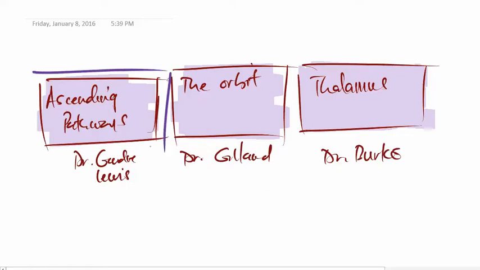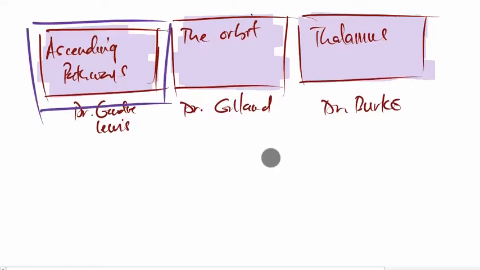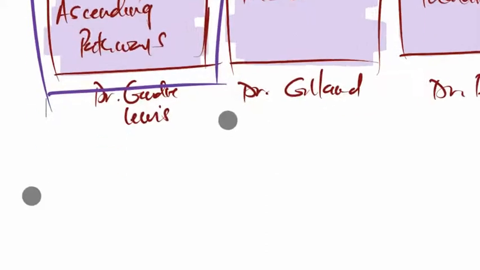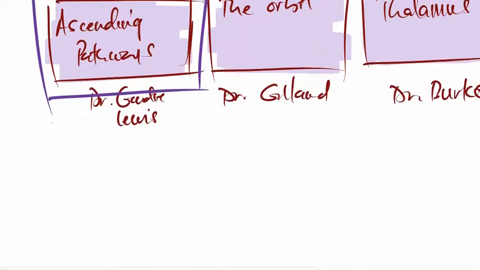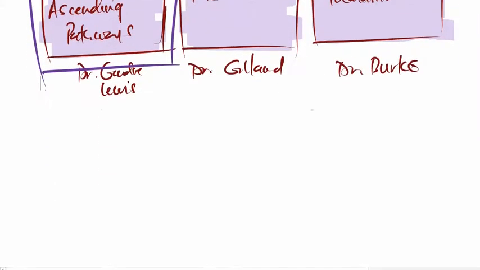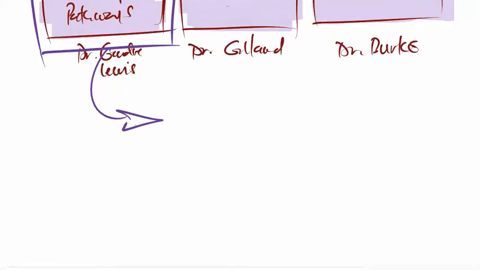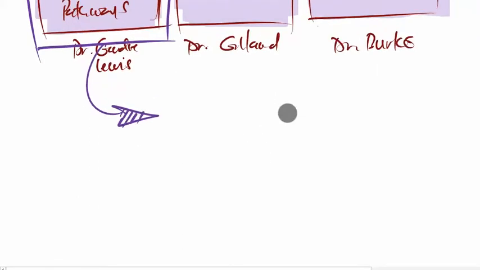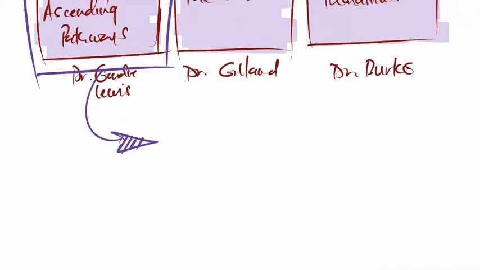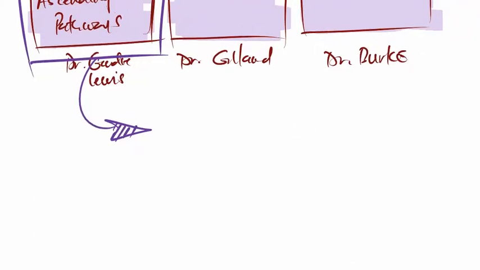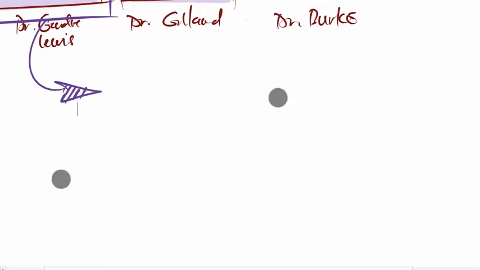All right, so we're going to start off here with the ascending pathways. So I guess just looking at the name, ascending pathways, meaning you're going back, right? So you're going back to your brain.